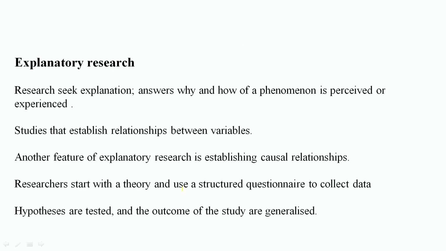The next type of research is explanatory research. Explanation means we have to identify why or how a particular phenomenon is perceived. So, why and how that leads to certain association or relationship. So, here I highlight a term called variables.